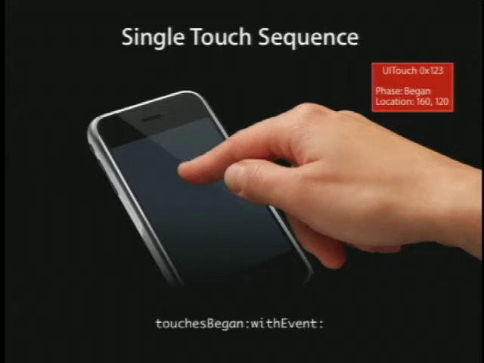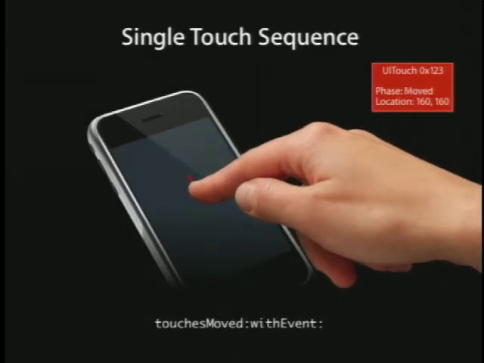For the entire time a finger is tracking on the screen, it's represented by a single UITouch instance. And you can actually hang on to that and even associate data with it, if you want to associate data with that finger as it's moving around on the screen. The phase is began because obviously this touch just began, and there's some location that represents where the touch currently is.